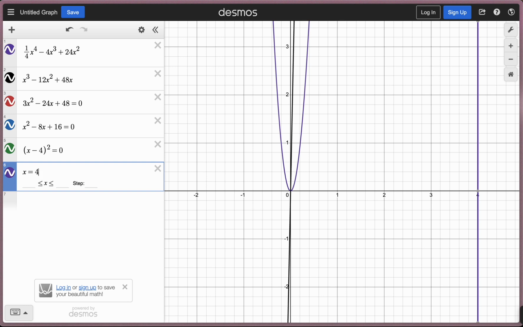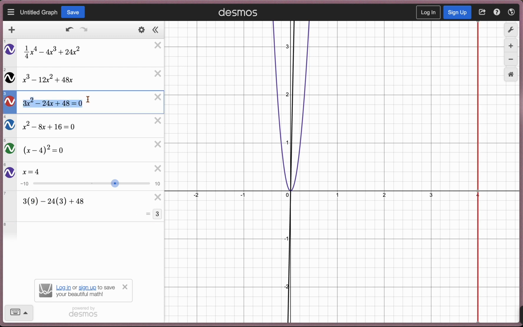We're going to check if concavity changes around x equals 4. Since it's a double root, we need to check if the sign of g double prime of x changes around x equals 4. So we're going to try values around 4, starting with x equals 3. So g double prime of 3 is 3 times 9 minus 24 times 3 plus 48.